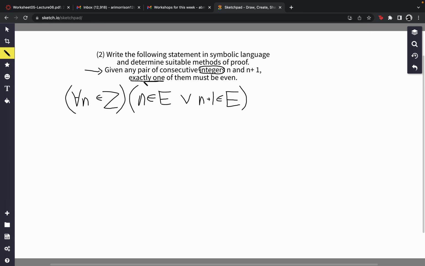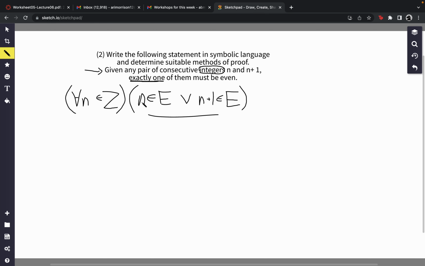Either way, there was something very important here. It says exactly one. And we talked a couple classes ago about how we use an inclusive or. So when we say n is even or n+1 is even, implicitly n and n+1 both being even would also satisfy this statement. If n is even and n+1 is even, this statement would be true. And that's the problem. We don't want that to be the case.